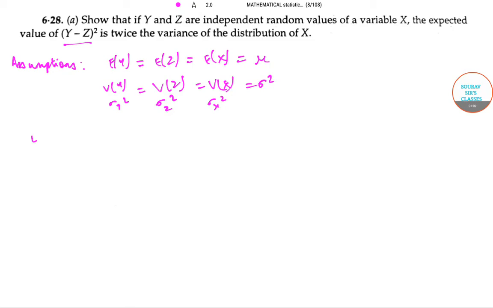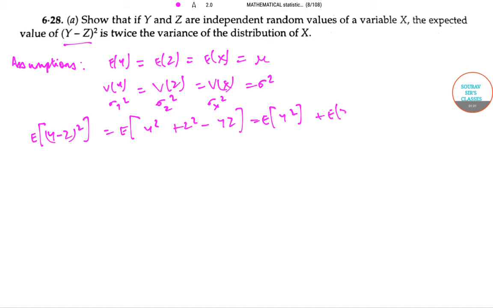Now we need to find the expected value of (y minus z) squared, which is the expected value of y squared plus z squared minus 2yz, which is expectation of y squared plus expectation of z squared minus 2 expectation of yz.